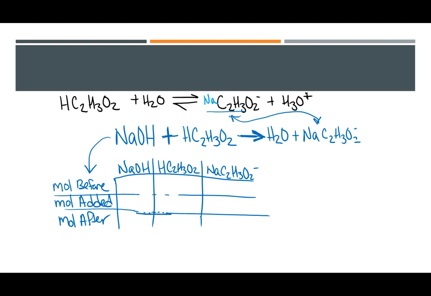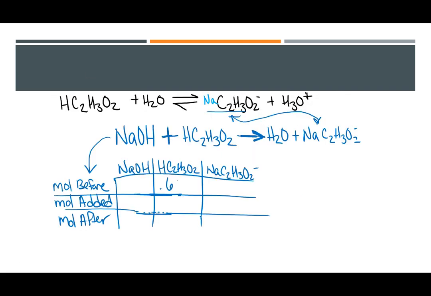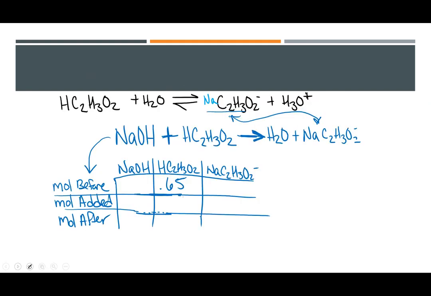Moles before is just going to be the number that's given in the problem. So 1 liter buffer solution has 0.65 moles of acetic acid. So 0.65 and 0.75 of the sodium acetate.